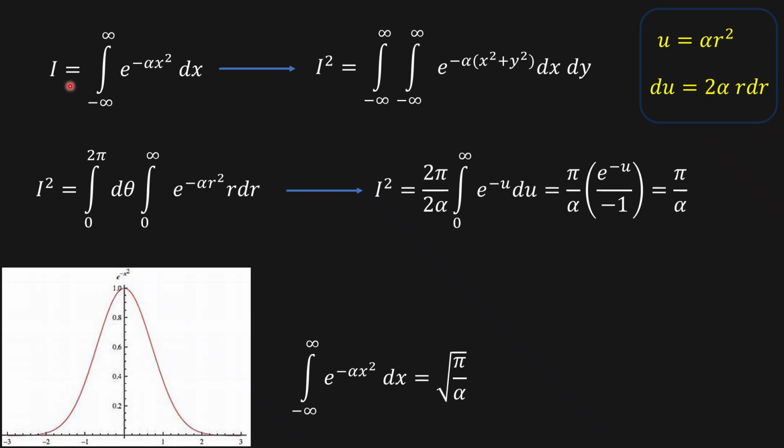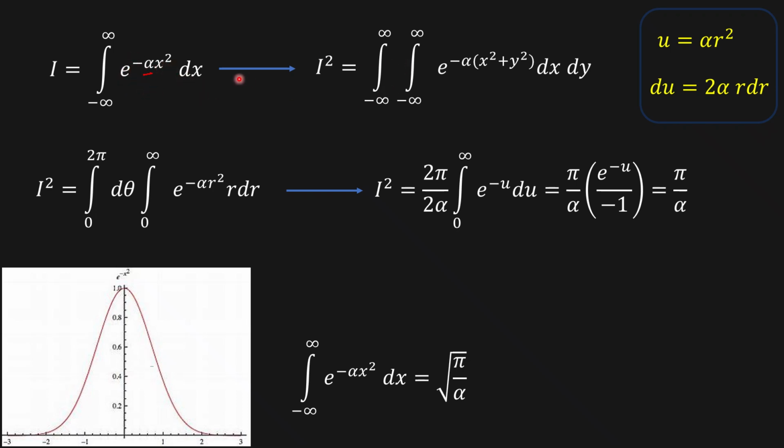Now take the integral of the form integral minus infinity to plus infinity e power minus alpha x squared dx. In the earlier case, this alpha is 1, that is just e power minus x squared. Now you have alpha. You do the same procedure which you carried out in the case of e power minus x squared dx.